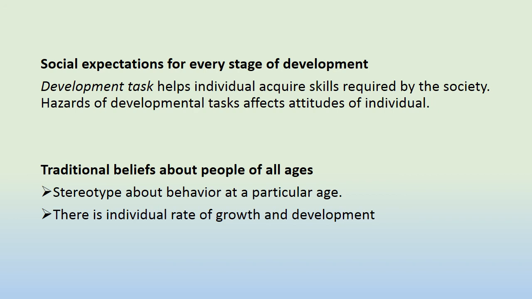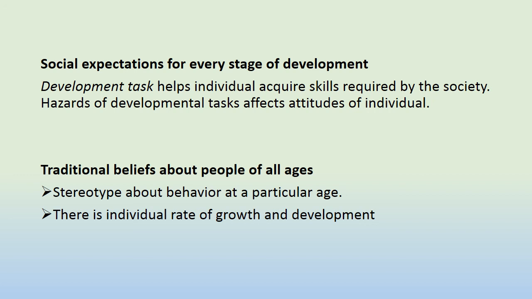Next factor is traditional beliefs about people of all ages. Here two main points are important: stereotype about behavior of a particular age, and individual rate of growth and development. People behave with other people according to their age. In general, age is associated with development, and people hold the idea that individuals at a certain age should behave in a particular way.